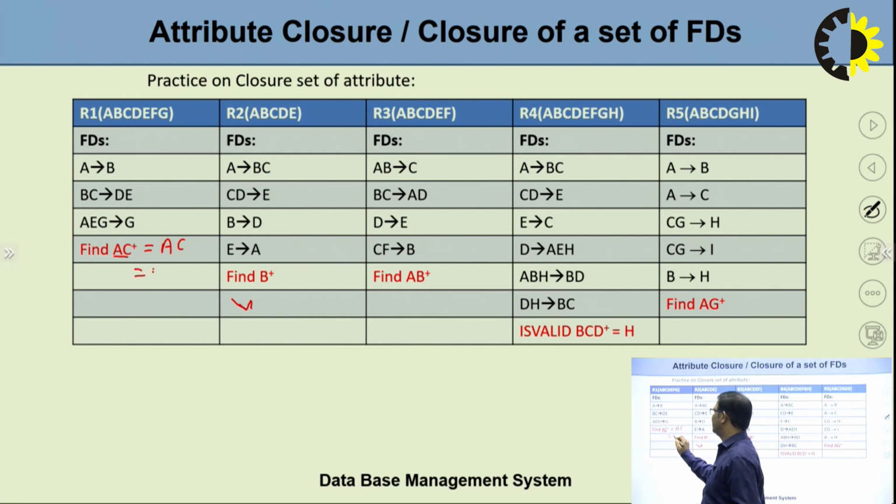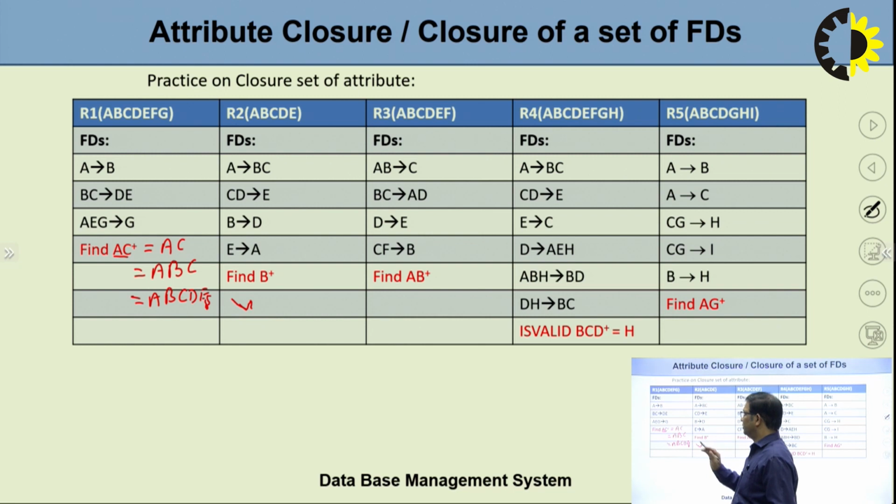So we should write A, B, C. From the BC, DE can be identified. So it means A, B, C, D, E. There is no AEG. So all the elements of the given functional dependencies can be identified. So AC closure is A, B, C, D, E. This is the final answer.